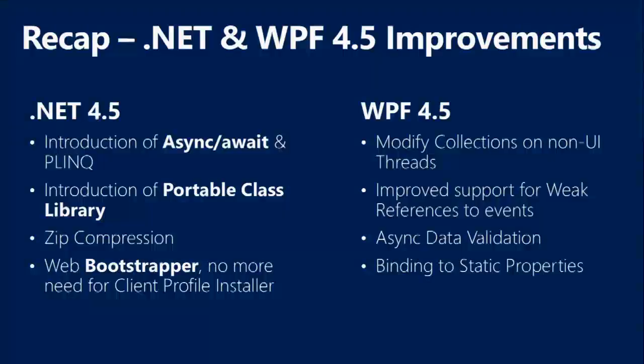So you can develop asynchronous code that looks synchronous while writing it, but is asynchronous while executing. Or portable class libraries, that I'm going to show you later in another example. Zip compression, bootstrapper, and then WPF 4.5. We had a few different features like async data validation, binding to static properties, and so on.